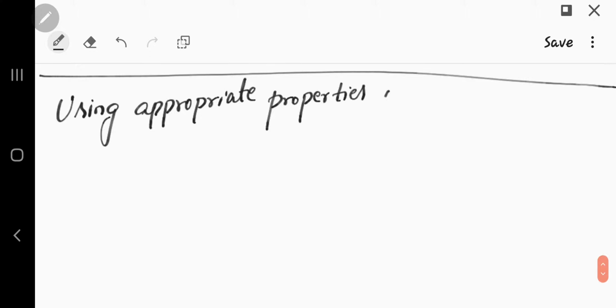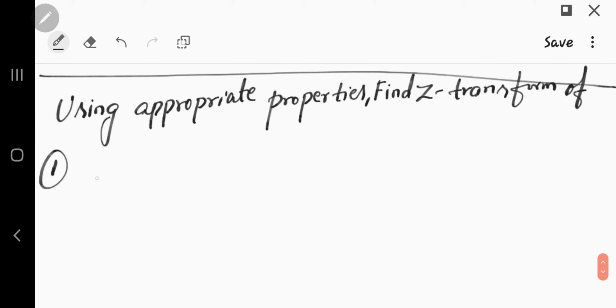So it will be asked in this way: using appropriate properties of Z transform, or using appropriate properties, find the Z transform of... So here I'll take the first example. x of n is equal to 3 into 2 to the power of n, u of minus n. Okay. So this is the problem that is given.